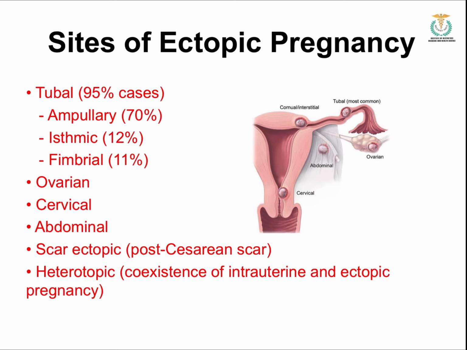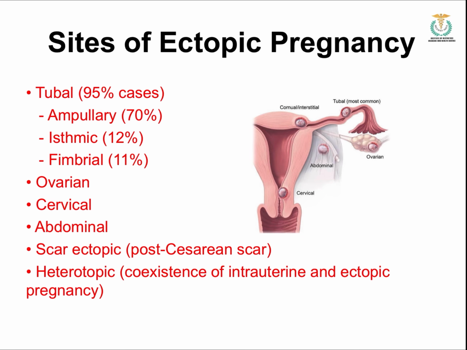Outside the tube we see ovarian, cervical, abdominal and scar ectopics. Scar ectopics are in cesarean scars. Also be aware of heterotopic pregnancy, which is a simultaneous intrauterine and ectopic pregnancy. It is uncommon but important in IVF or assisted conceptions. So that is also important.